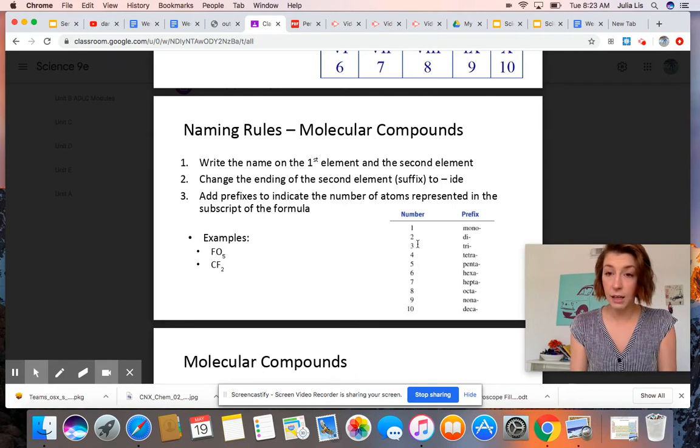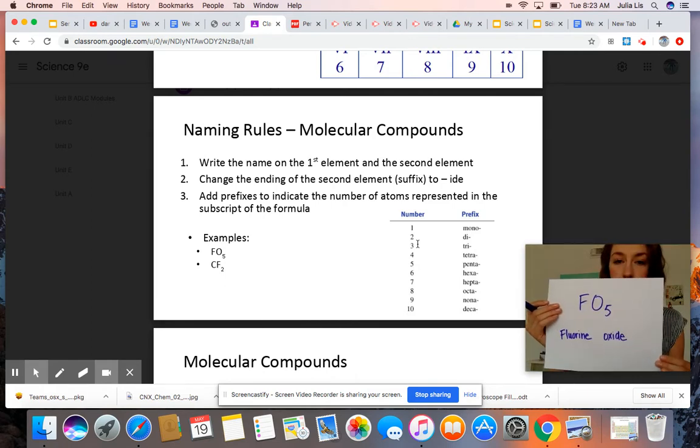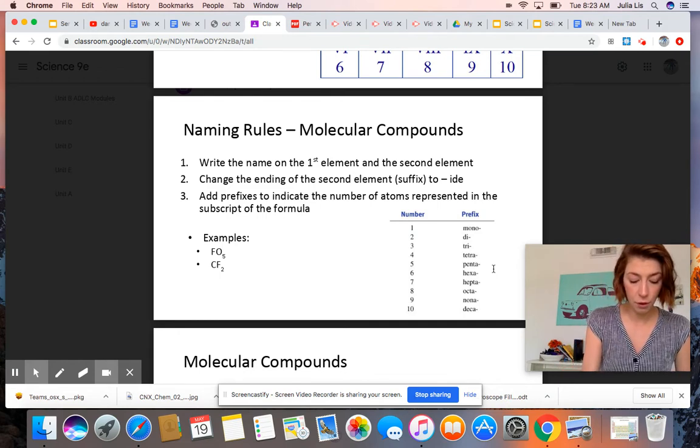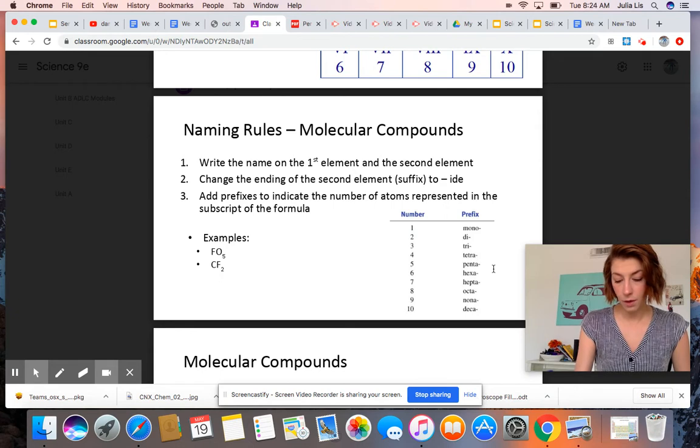But the second element, oxygen, oxide, I have 5 of them. Okay? So I'm going to have to use the appropriate prefix for 5, which is penta. So then the name changes to fluorine penta oxide.